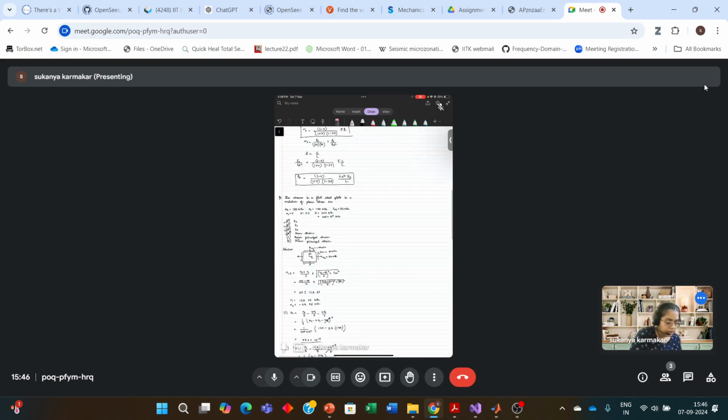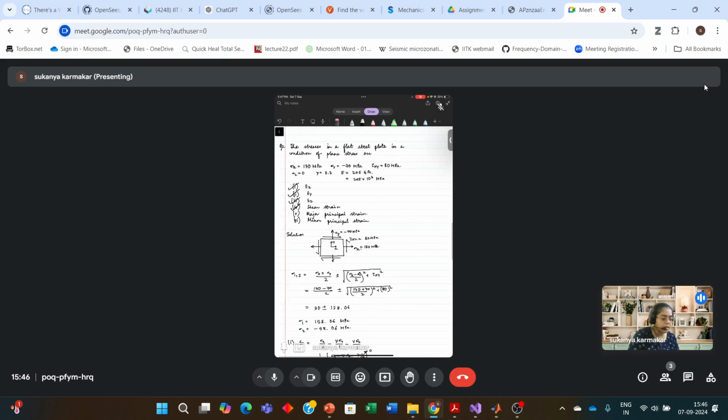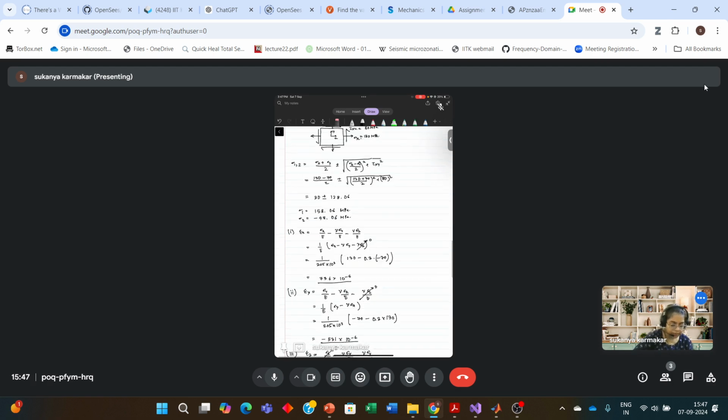So in this question, you were given an element under plane stress, that is, you had stresses in the xy plane. So you had sigma x, sigma y, and tau xy. Sigma z was 0. Even so, you will have strain in x, y, as well as in the z direction.